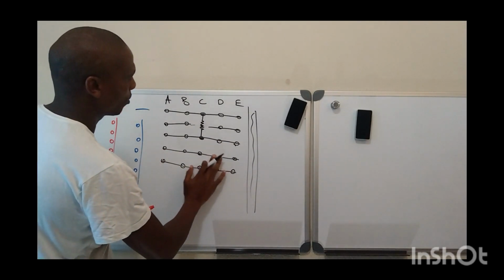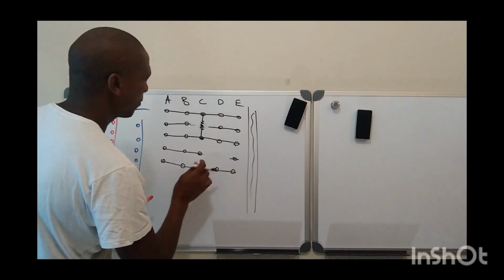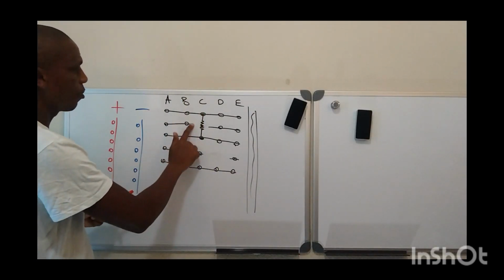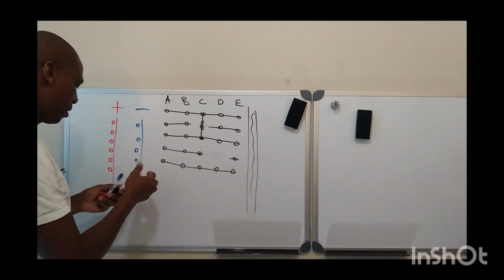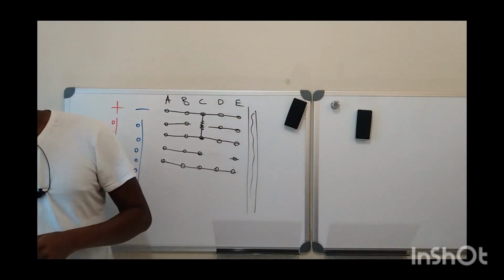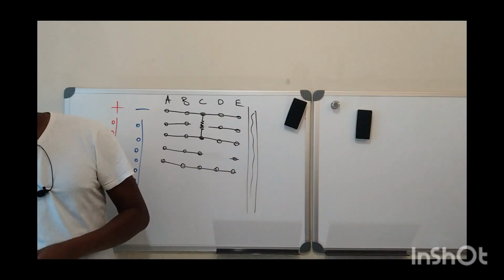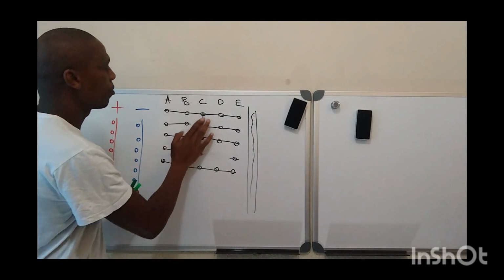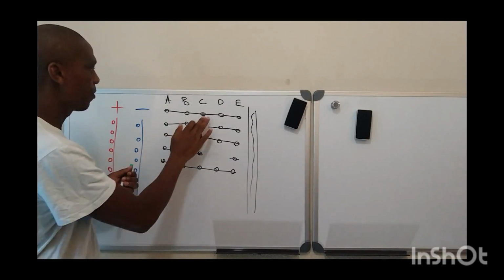Let me cut this one as well. And then in line with C, that's where you're going to put your resistor, and in line with it, let me use the color so that it will be visible enough now.